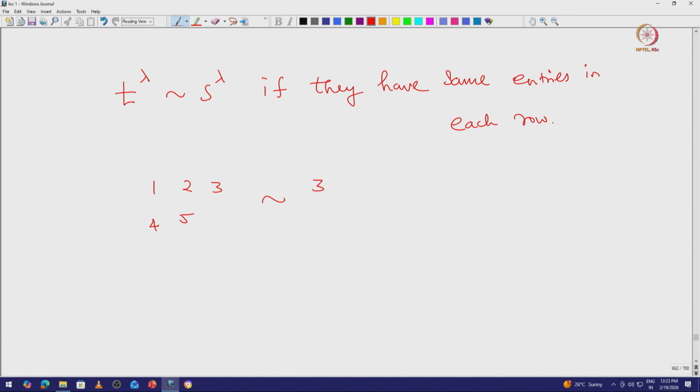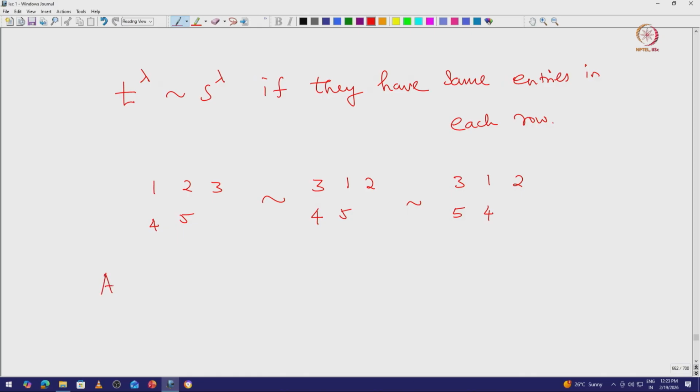For example I can take 3 1 2 and keep 4 5, which is equivalent. I can also permute this 5 4. All these are equivalent. Now we just call the equivalence class a tabloid.